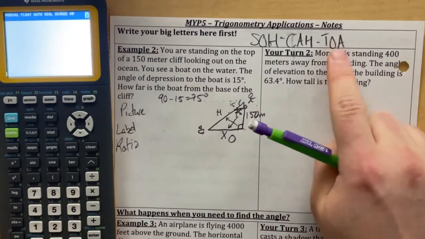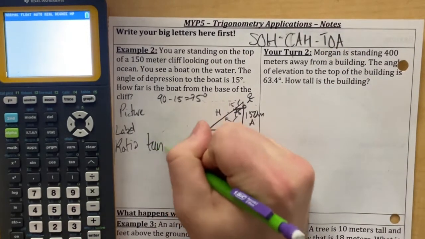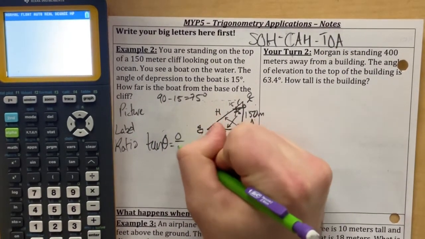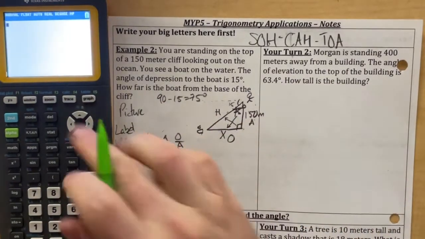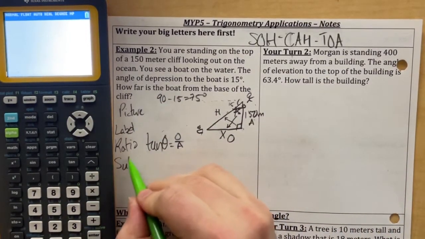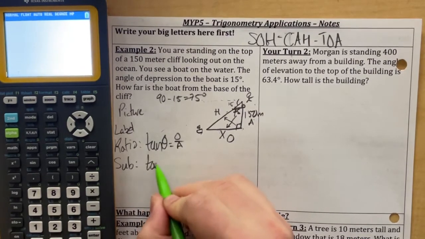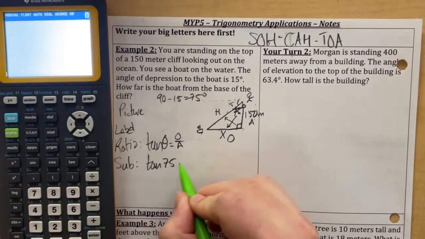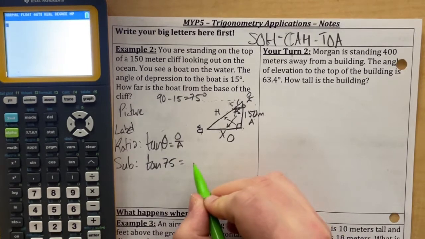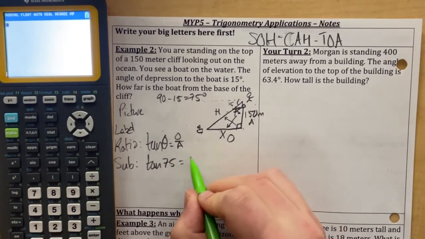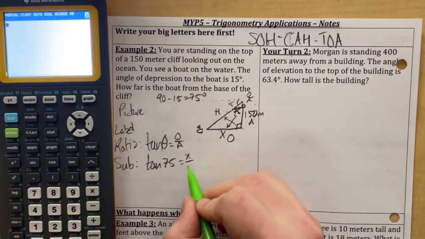So again, make sure you're writing those down for yourself, so that they're easier to remember. So I have O divided by A. When I sub in my values for my variables, I have the tangent of 75 degrees is going to be equal to opposite, which is x, over the adjacent, which is 150.